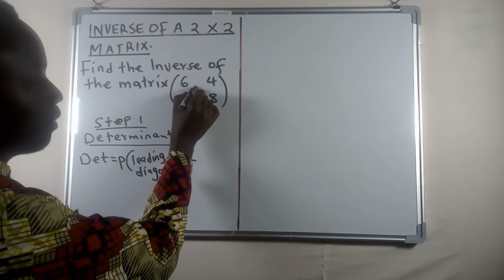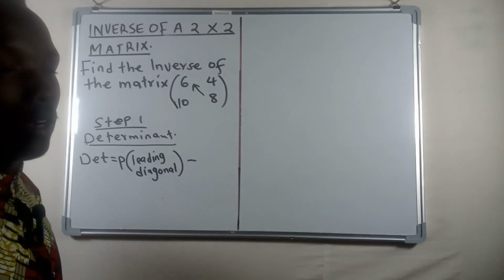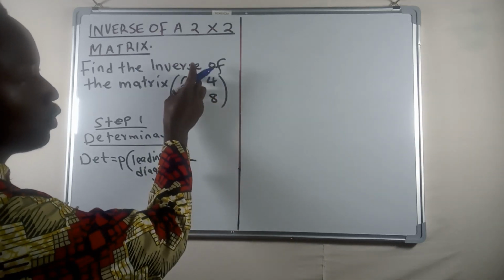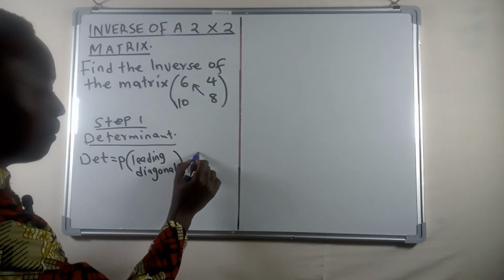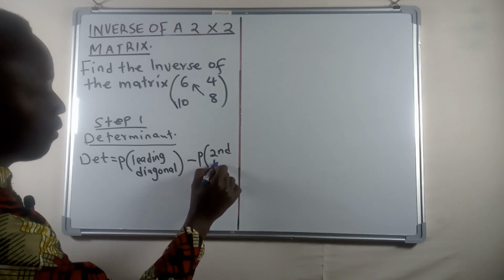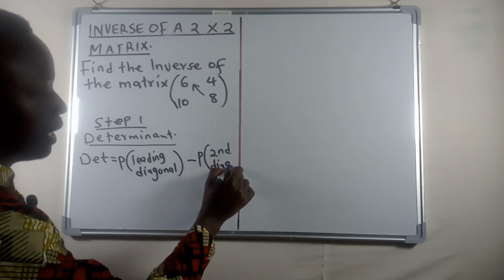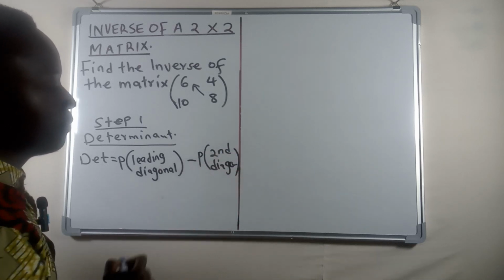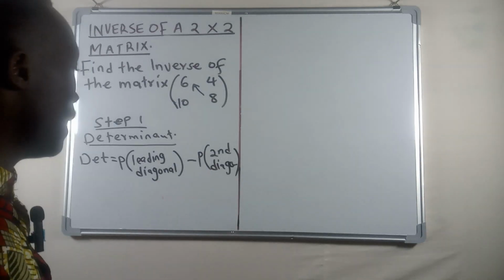This is the leading diagonal, from top left to bottom right, minus the product of the second diagonal.